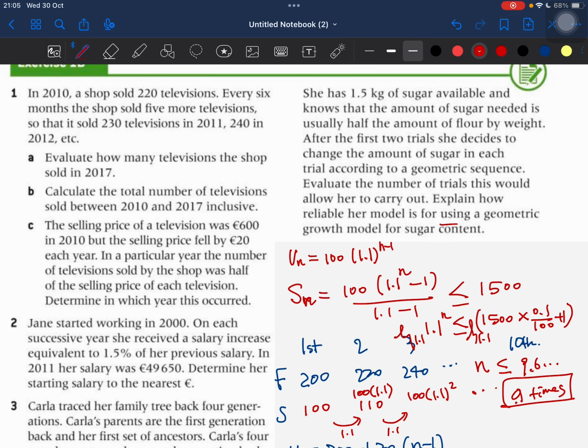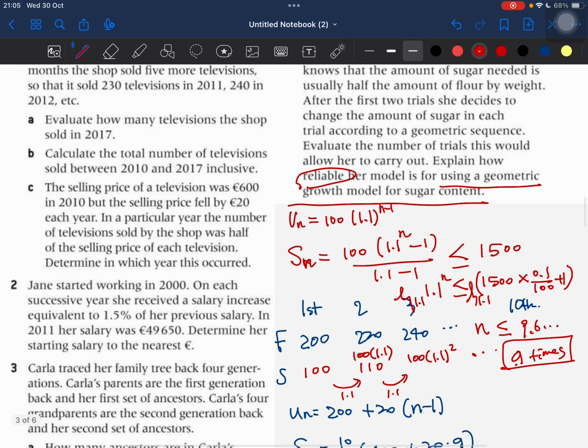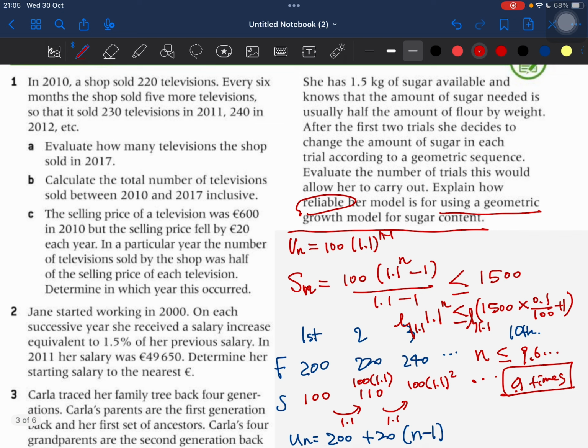And it is asking about the reliability, because actually this is a little bit of a stupid decision, because it says the recipe should follow half the amount of the flour for the sugar.